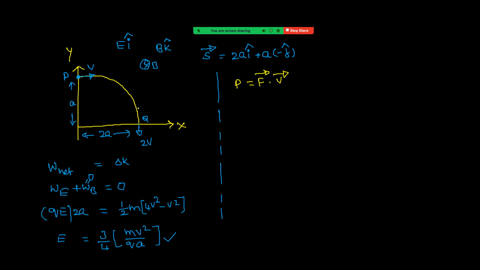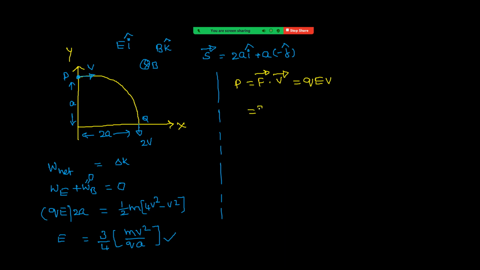And you can see at P, the electric field is along the positive x-axis, and velocity is also along the positive x-axis. Therefore, between these two vectors, the angle is 0.